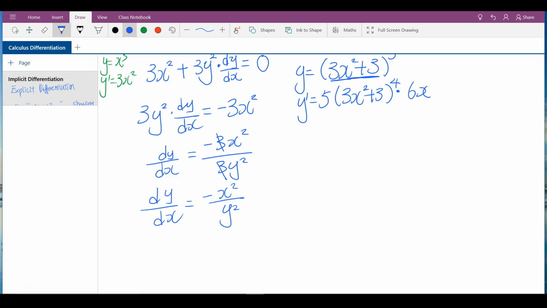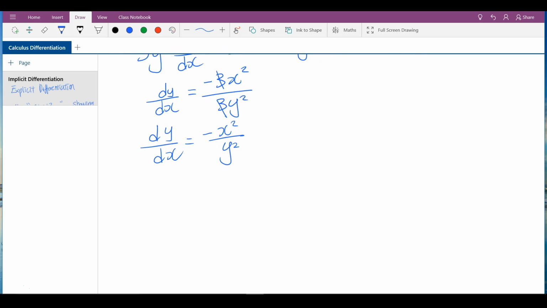And now, some of you might say, look, you got stuck here. You got y on that side. It doesn't work. But remember what we've been saying: y is a function of x, so you can express y with x's.